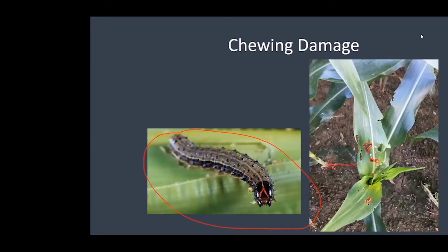So this is something that we got. We figured out what host it was. It was the corn, right? We saw what damage it was on, and we figured out what insect and how to control it. And so that's just a prime example of where you can see what damage is caused on the plant, and you can narrow it down to what insect.